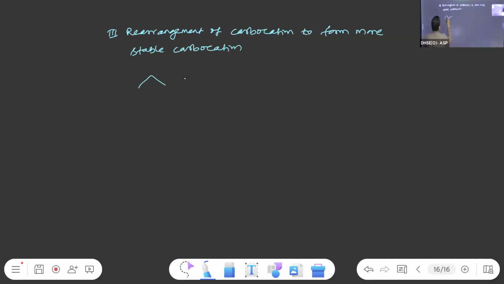Here, this is 2 degree and hydrogen is present. It can undergo carbocation rearrangement: hydride shift, alkyl or phenyl shift, ring expansion and ring contraction.